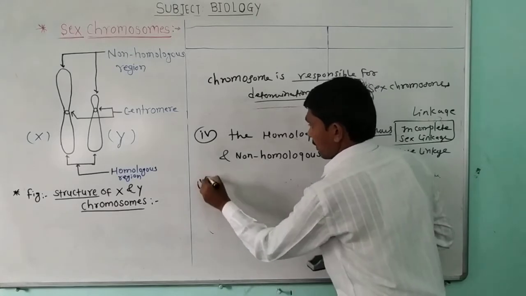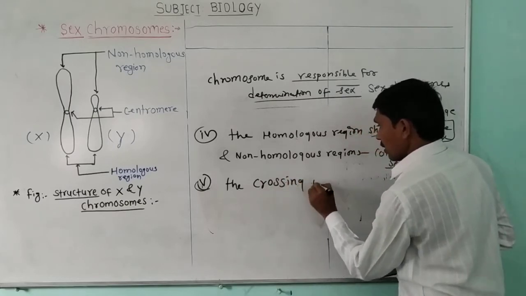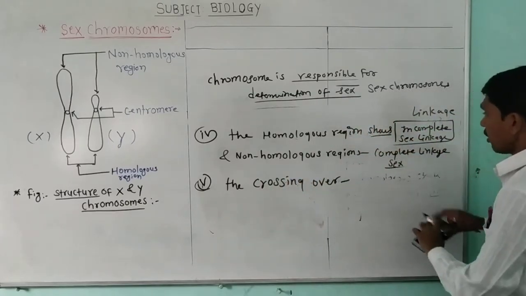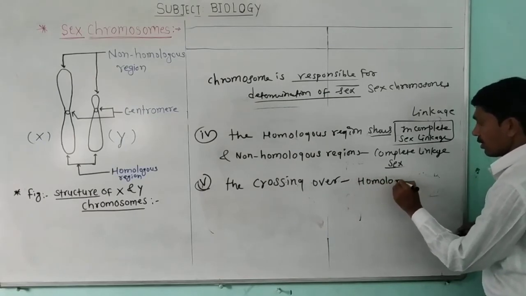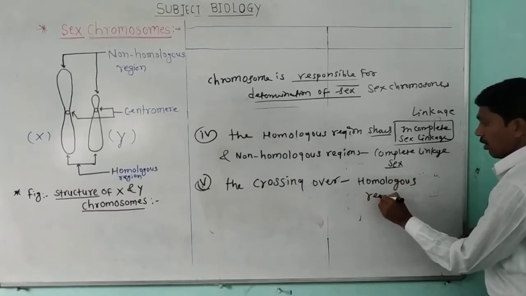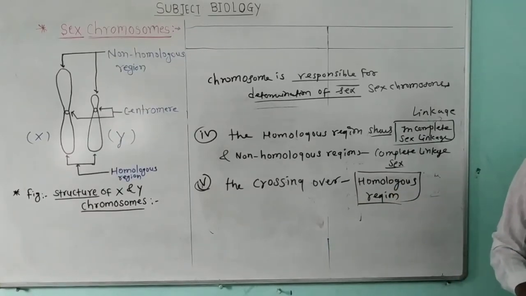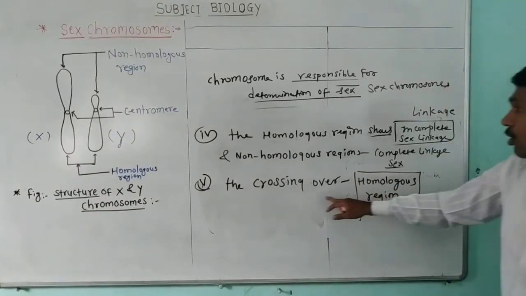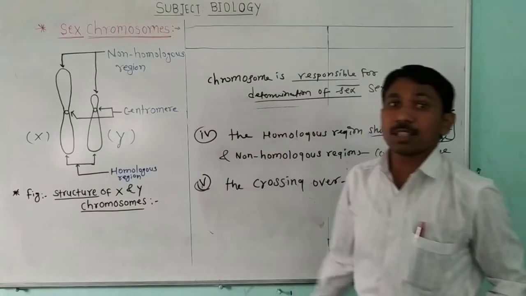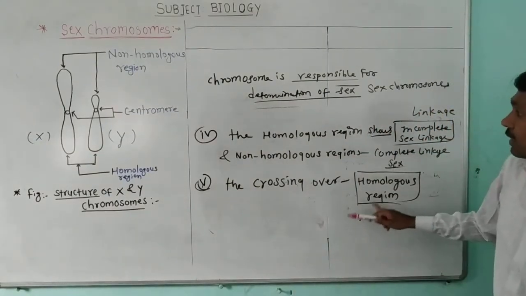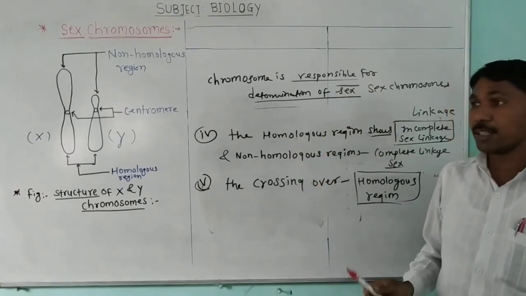Fifth point: crossing over occurs in the homologous region of the X and Y chromosome. In this region crossing over is present, and that's why the homologous region shows incomplete sex linkage, because of separation of the genes.